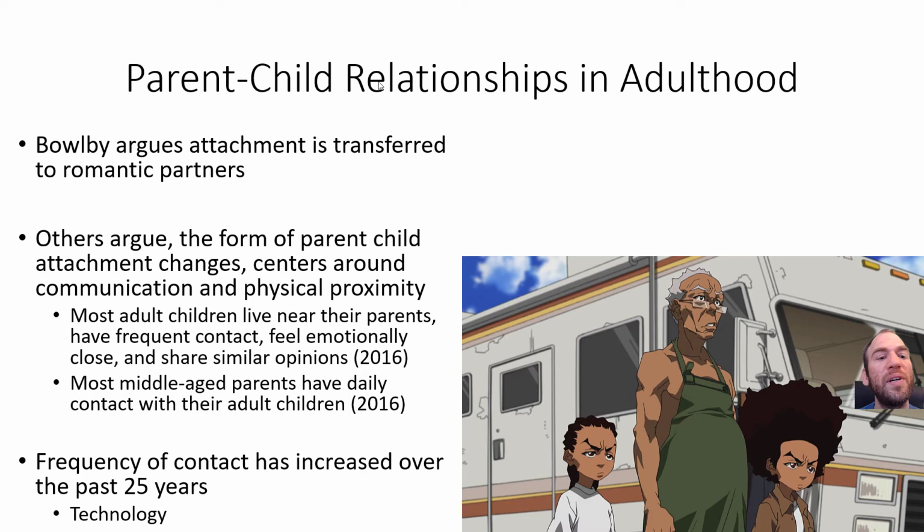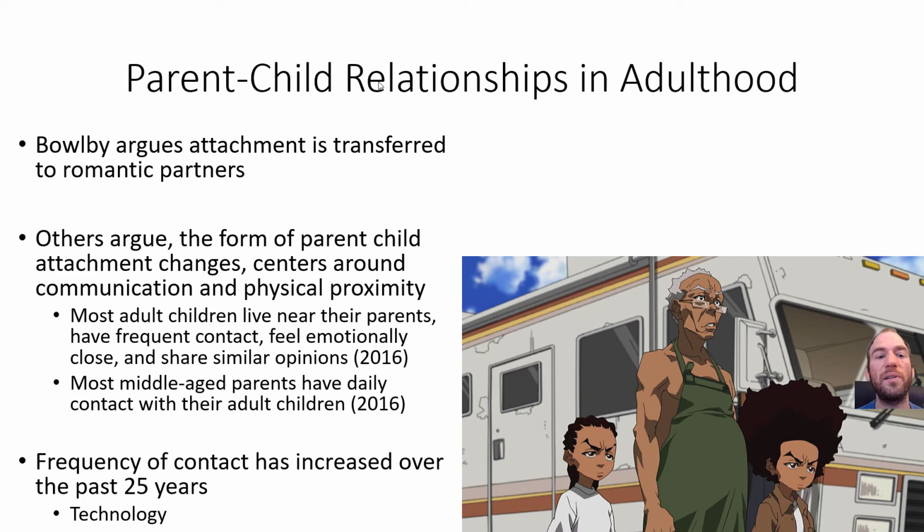So as stated, Bowlby, who is the godfather of attachment theory, argues attachment is transferred to romantic partners. Others argue, however, that the form of parent-child attachment changes and centers around communication and physical proximity. Most adult children live near their parents, have frequent contact, feel emotionally close, and share similar opinions. Most middle-aged parents have daily contact with their adult children. Frequency of contact has increased over the last 25 years.